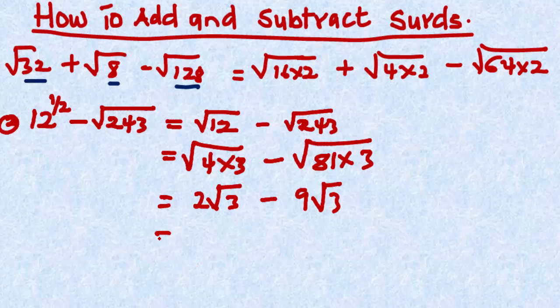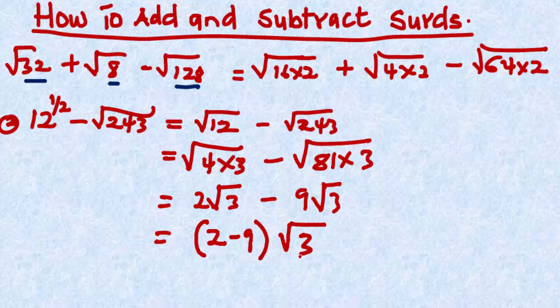Okay, since we know that we only add or subtract numbers outside the root, we have 2 minus 9, then we multiply by the like surd, which is 3. So 2 minus 9 will give us negative 7, so negative 7 root 3. Okay, it's pretty cool, right?